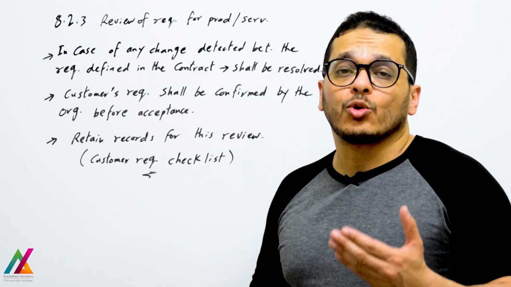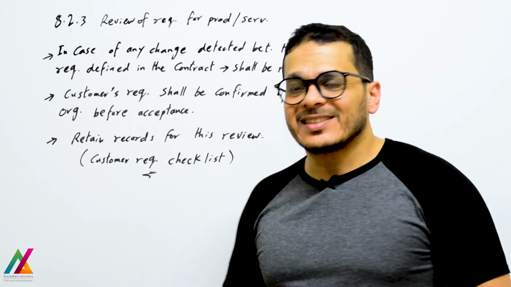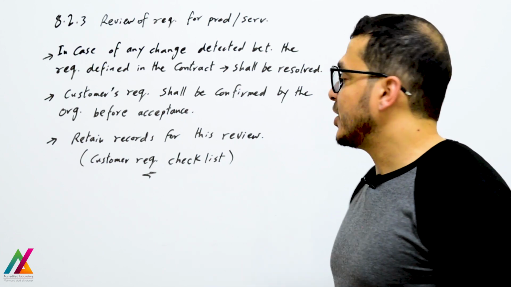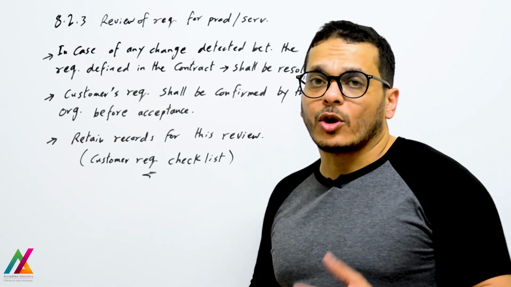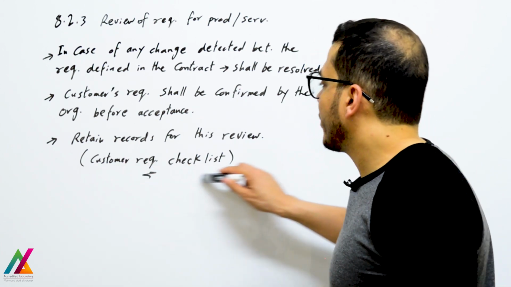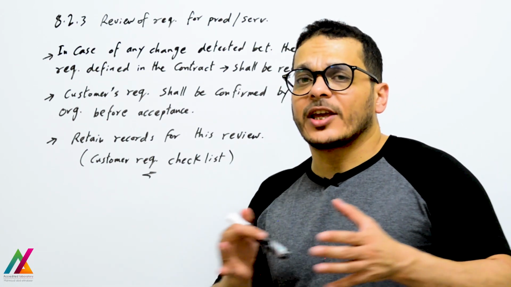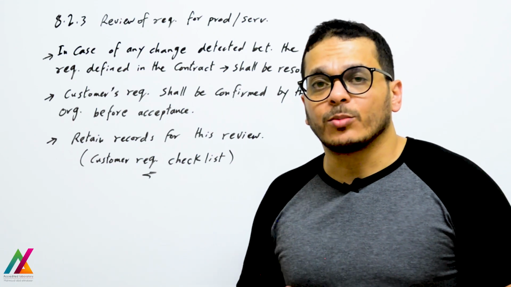They shall ensure or approve that they can meet his requirements, and they shall retain records for this review, or documented information, so they can prepare a specific checklist, a customer requirement checklist for each customer before supplying him with the product or service.